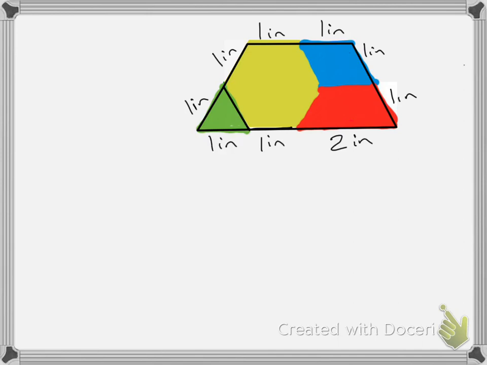So if I add up all of these sides, the left side added together would equal a total of 2 inches. The top would equal 2 inches. The right side would equal 2 inches.